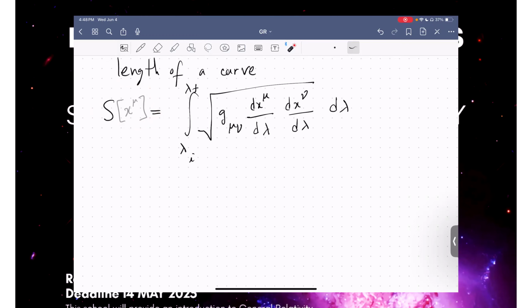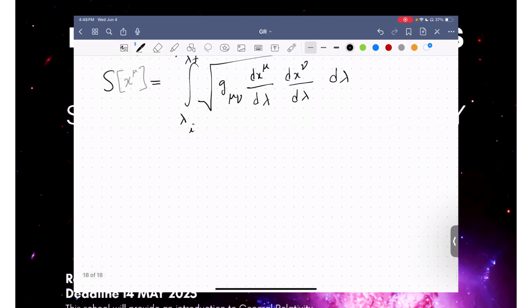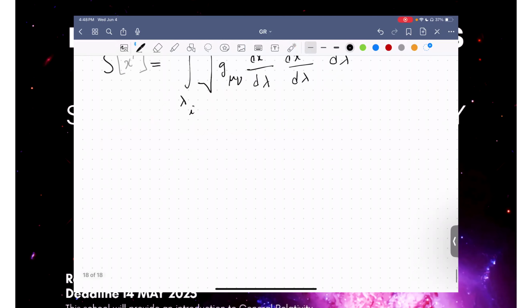Again, if you have not seen this before, it may seem a little strange. How do you take the derivative of something with respect to a curve? Well, I can write down the formula, but I will not have time to explain these formulas if you haven't seen them before. But basically what we want to solve is that we set up this variational problem that the functional derivative of this, delta S with respect to delta x mu, which is a function of lambda, we set this to 0.